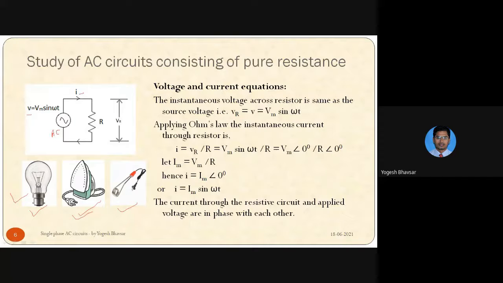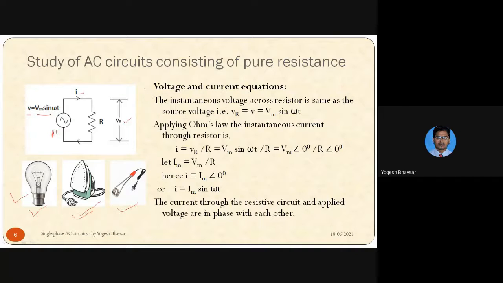Let us take the voltage as a reference. So v is equal to Vm sin omega t. Then the voltage across this resistance will be VR. We can connect a voltmeter, which will measure the voltage across the resistance.